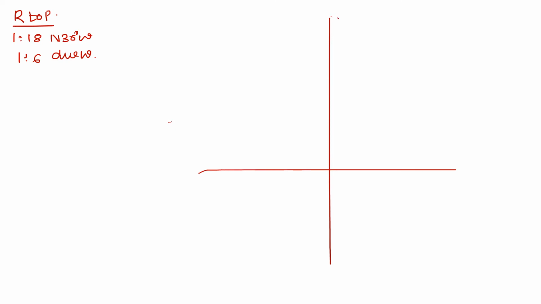Okay, so this is my north, this is my south, this is my east, and this is my west. This point is O. Okay, so north 30 west will be plotted first. This is 30 degrees north, 30 west.